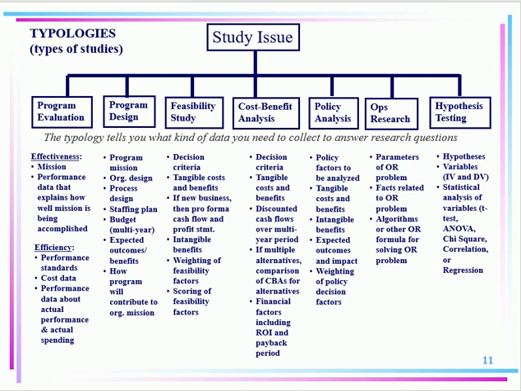I just wanted to pause for a second, and these typologies are in the student guide to the Capstone course, Capstone project. And so these kind of tell you what kind of data you need. If you know you're doing a program evaluation, and if you're looking at whether a program is effective or not, you need to know what the mission of the program is, and then you need performance data that tells you whether or not the mission is being accomplished.